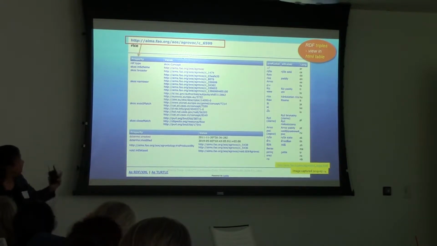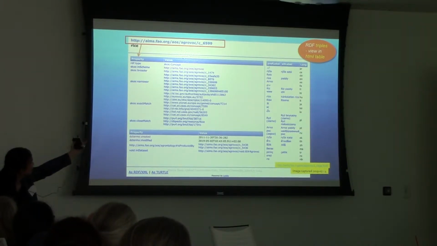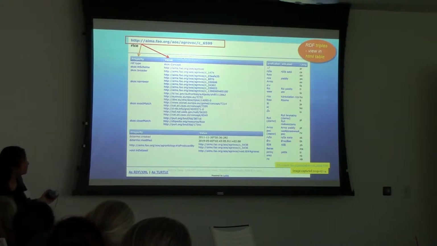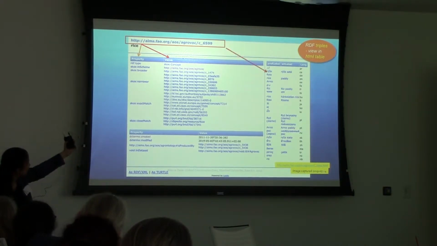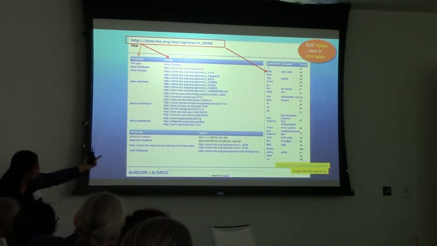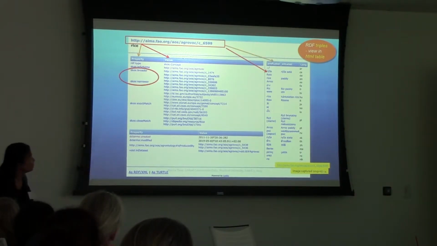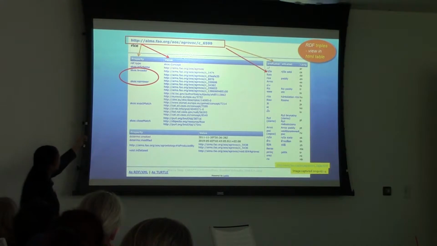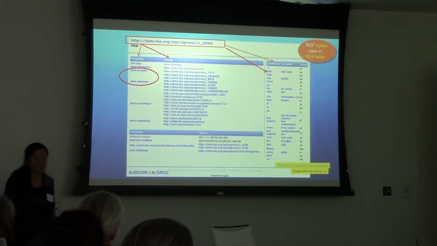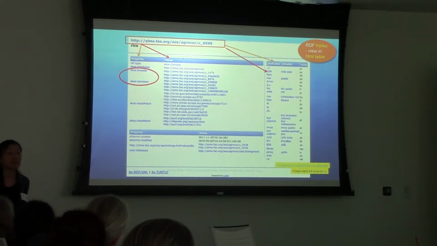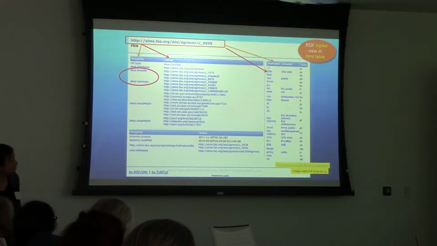And then property, can you see that? And value. Everyone understand? Let's see the other one. That's concept, has preferred label, has alternative label, has broader or narrower concept, right? Same as what we had before, but now it has become machine understandable.